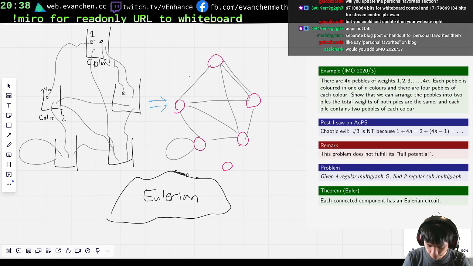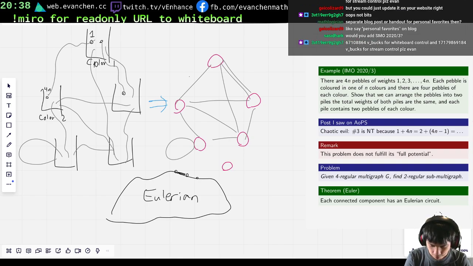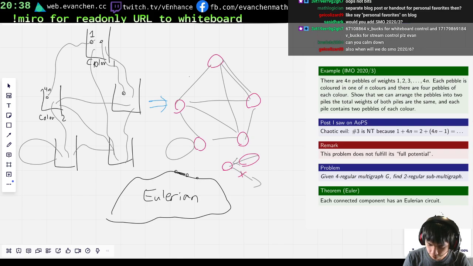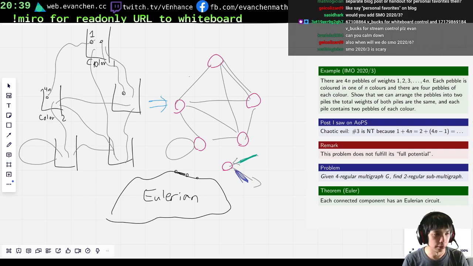But here, if I go in and out of a vertex, then if I take this edge but not this edge or vice versa, actually it's a different color. Use this one and put the other one in the other color. Well, that's my half result. Like I can get half the things.